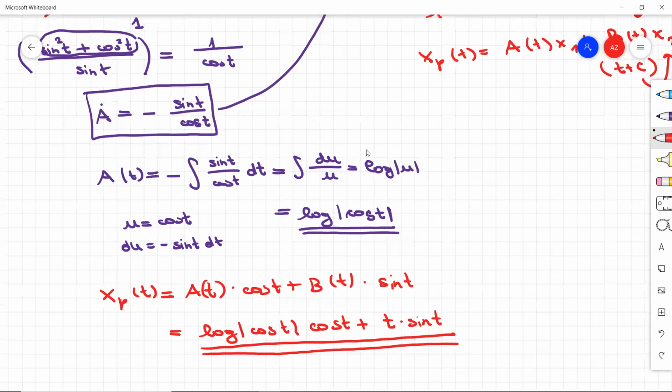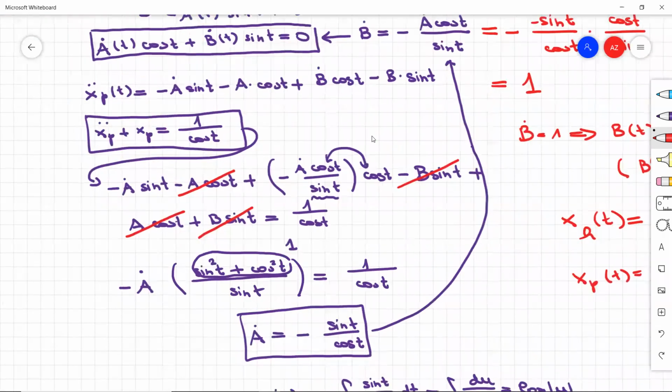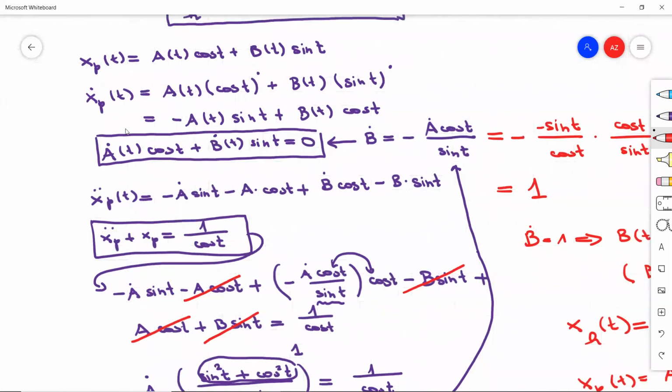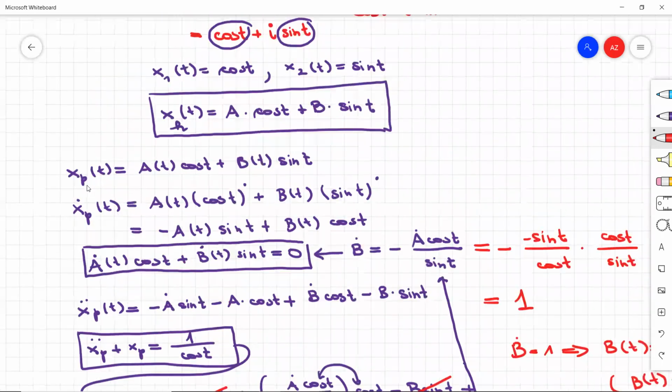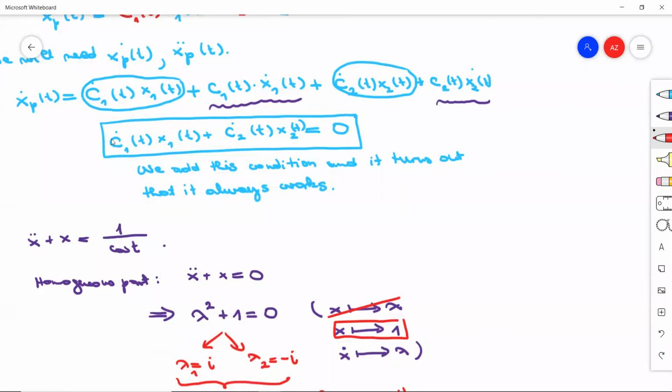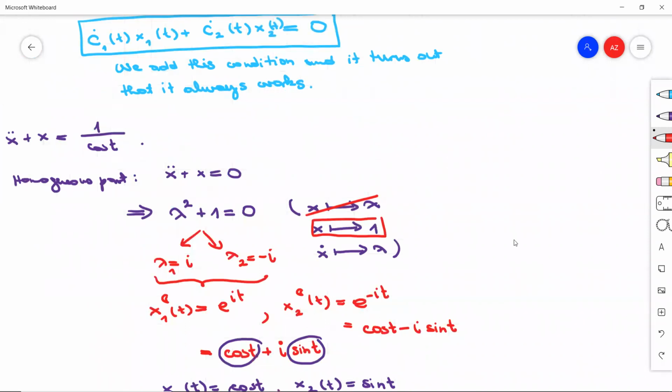So when doing a variation of constants, we can always assume what we did here, c1 prime times x1 plus c2 prime times x2 is equal to 0. Why can we always do it? I didn't want to do all the computations from here below with a general DE, but if we did, not with 1 over cosine of t, everything would work the same.